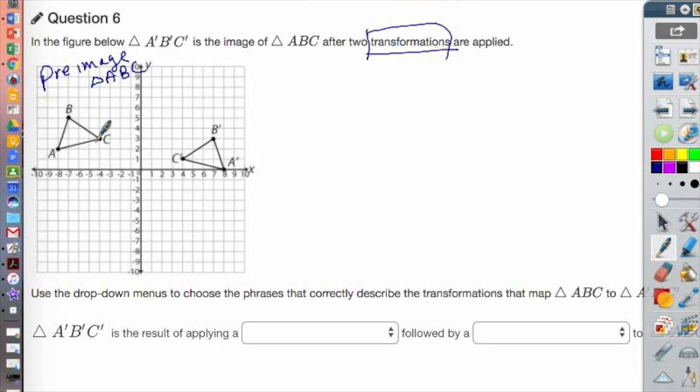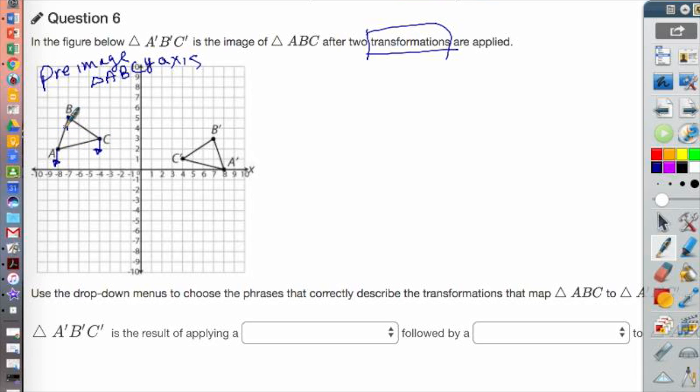It looks like it may have undergone a reflection about the y-axis in order to flip the A and the C, and then some kind of a shift, a movement a little bit down. Or another thing we could do is move this down a little bit first.